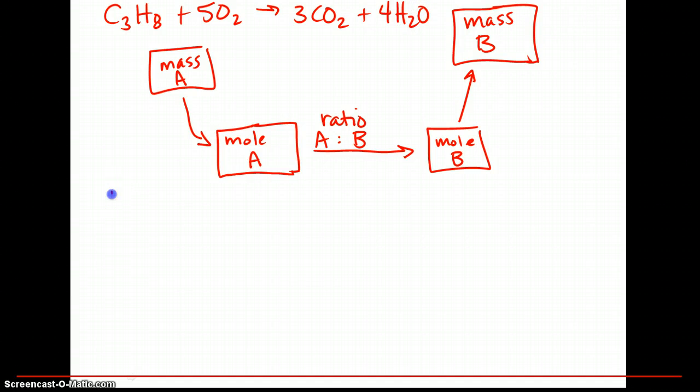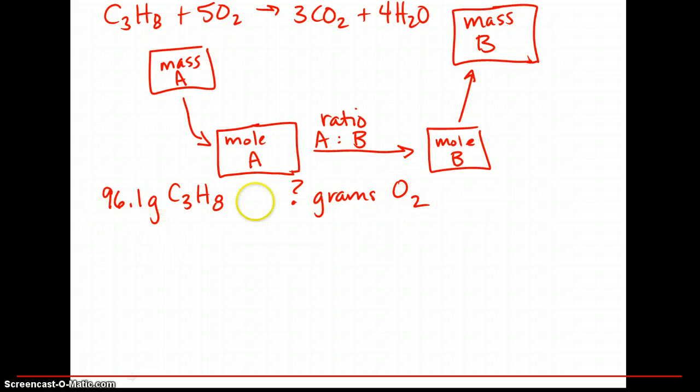Suppose you're given 96.1 grams of C3H8, and we want to know how many grams of O2 we need. Okay, so this is what we're given. This is going to be what I'm going to place right here. This is my mass.